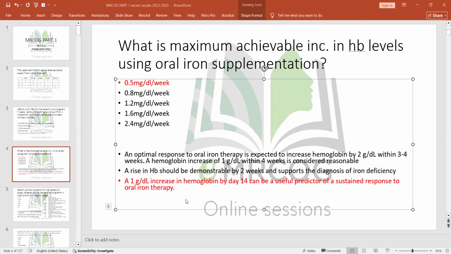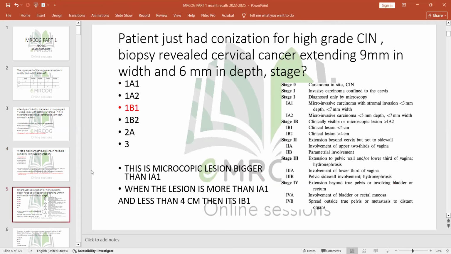Macro. The RBCs are big. Yes, vitamin B12 and folic acid, both of them together. This is megaloblastic anemia. So we are going to give vitamin B12 and folic acid, both of them. Okay, excellent.